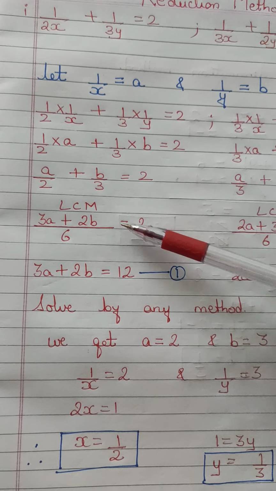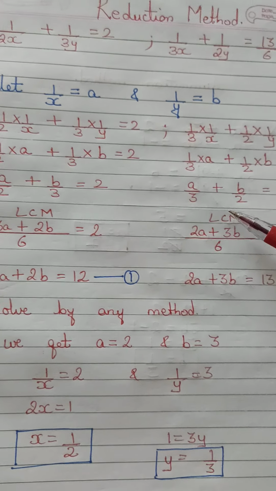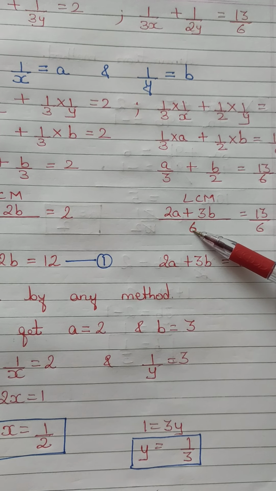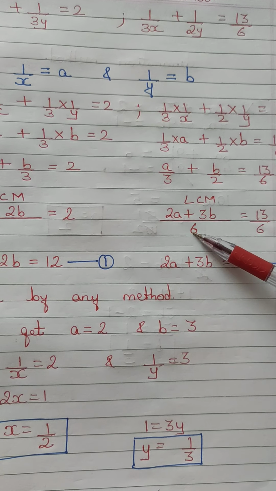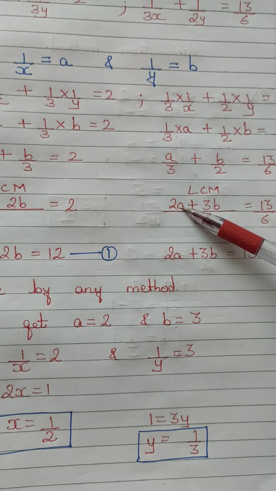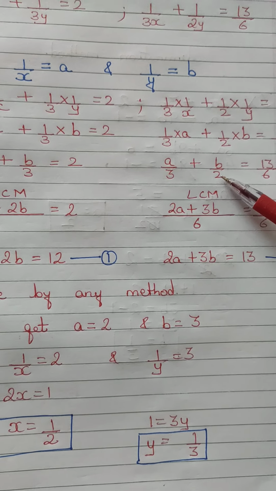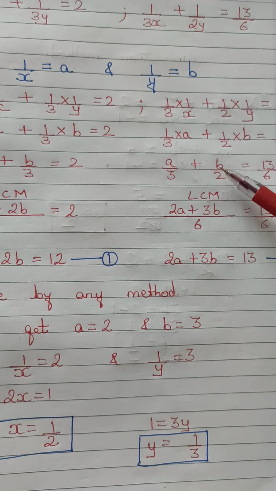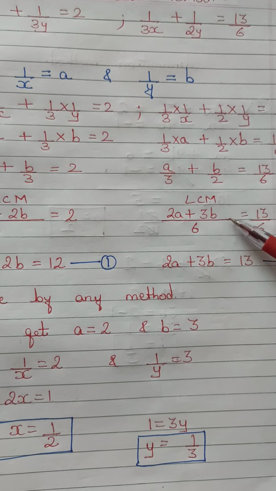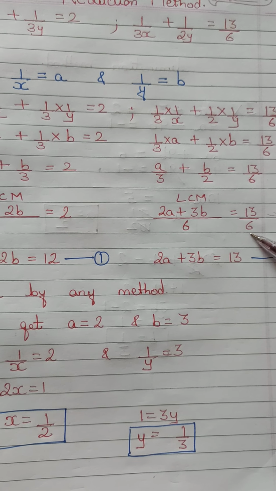So, I get 2b is equal to 2. Same way this side also. Again, what is the LCM of 3 and 2? It is 6. 3 2s are 6. So, the numerator will be also multiplied by 2. So, 2 into a, 2a. Plus 2 into 3 is 6. So, the numerator will be multiplied by 3. So, 3b, which is equal to 13 upon 6.